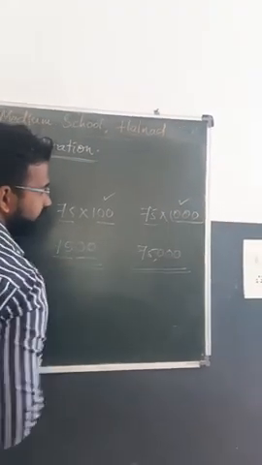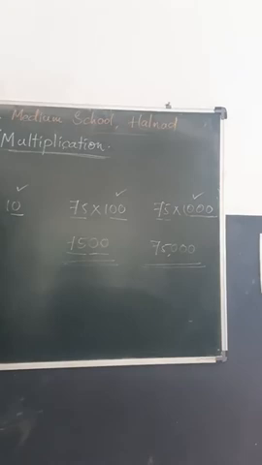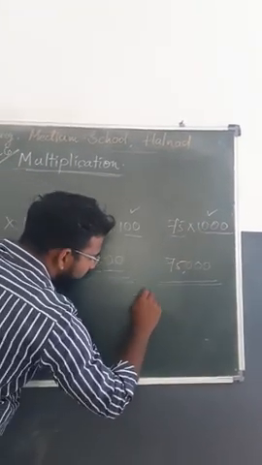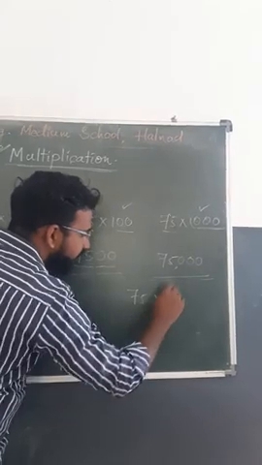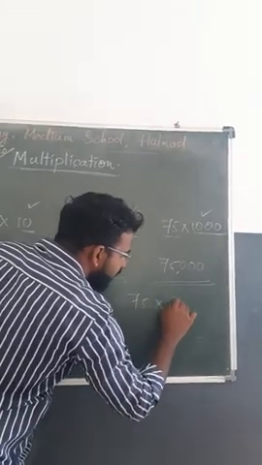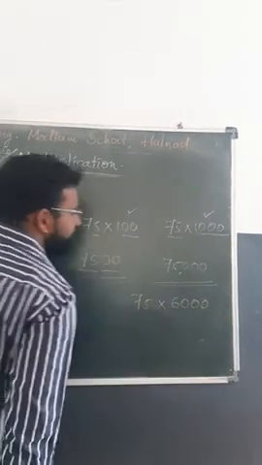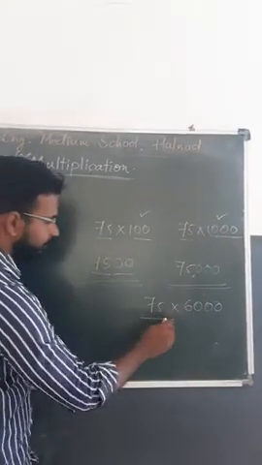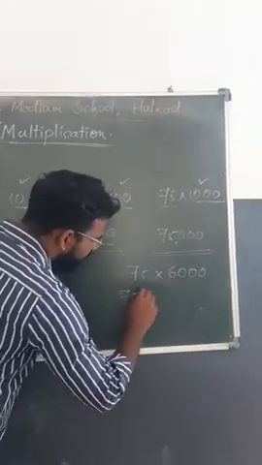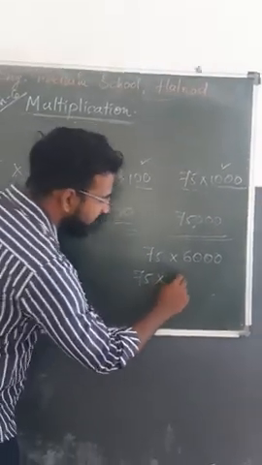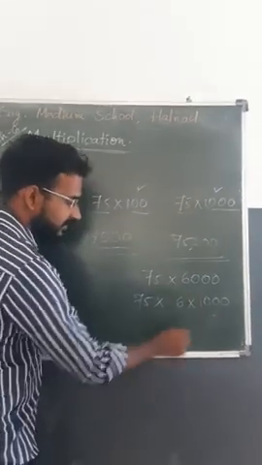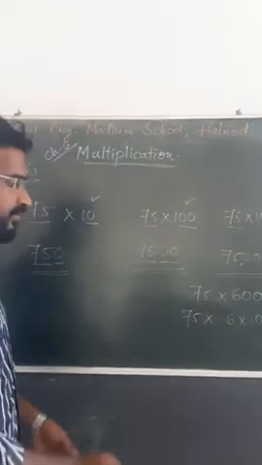Now multiples of 1000. 75 into 6000. I am writing 6000 as 6 into 1000, and you know that 6 into 1000 is equal to 6000.